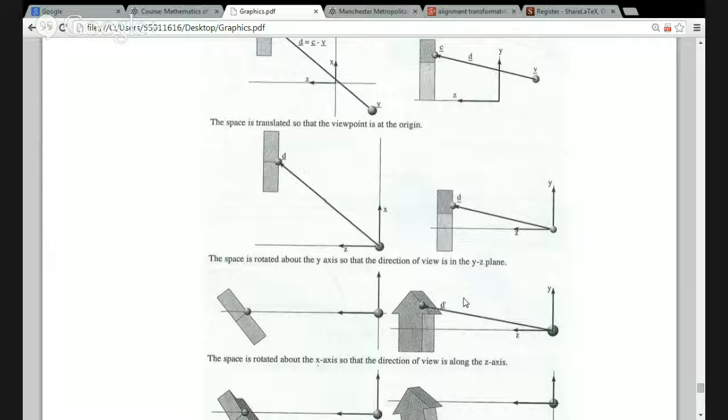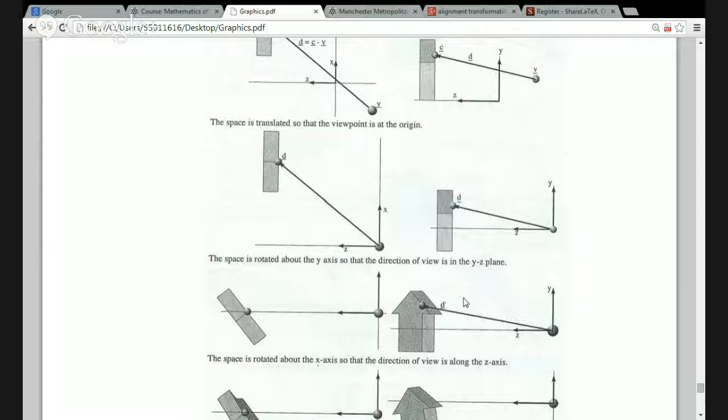Because you have the camera at the origin, and the viewpoint is on the z-axis. So the screen, remember, is the xy plane. So the xy plane is located here along this vertical line, and it comes out like this. So the screen is kind of the computer screen that this environment will be projected to.